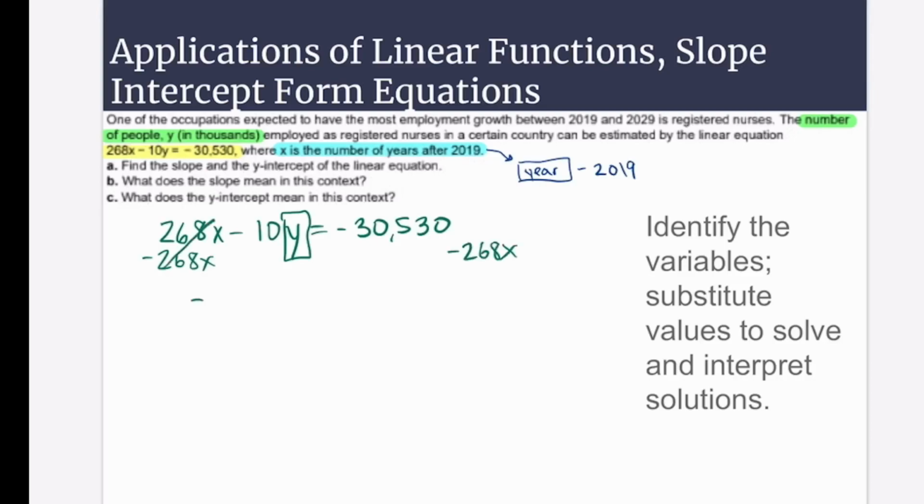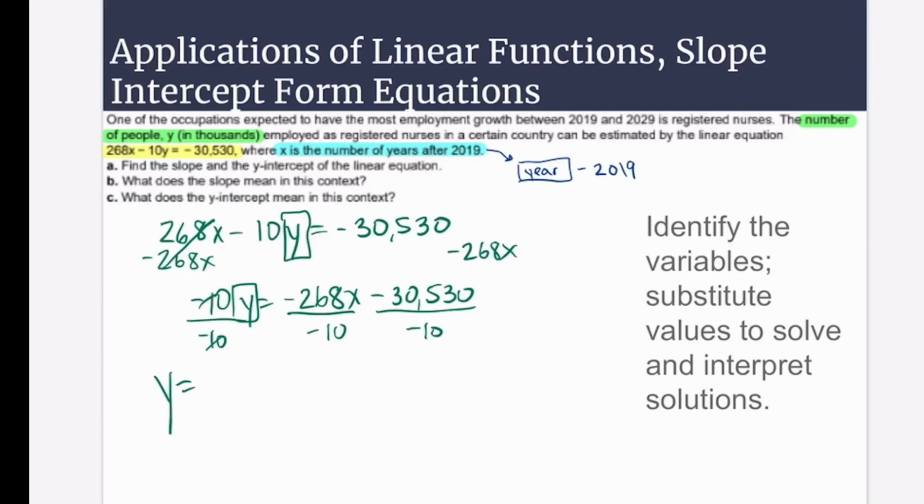So we're going to have negative 10y equals negative 268x minus 30,530. And then we're going to divide by negative 10. And that's going to isolate our y. So again, everything gets divided by negative 10.